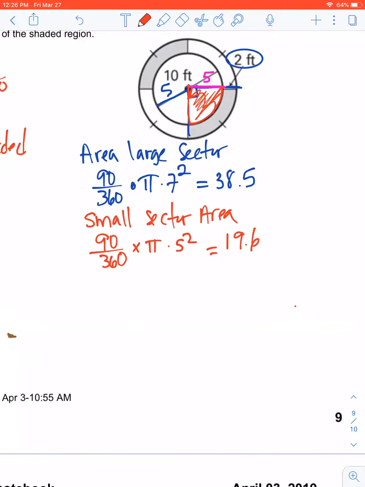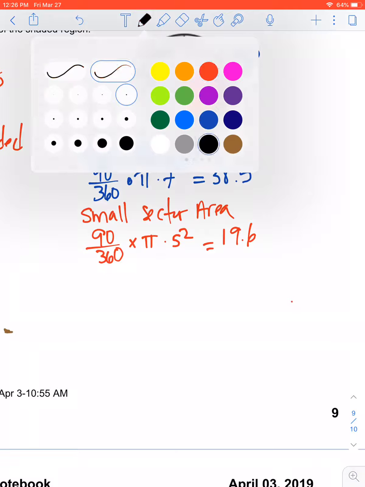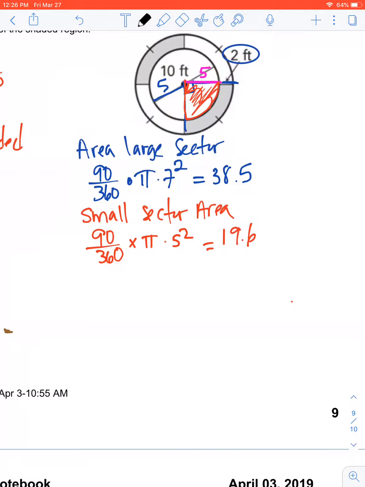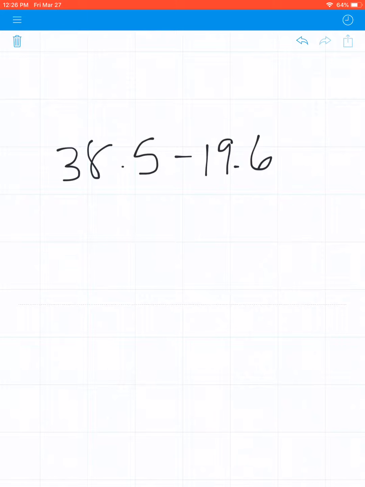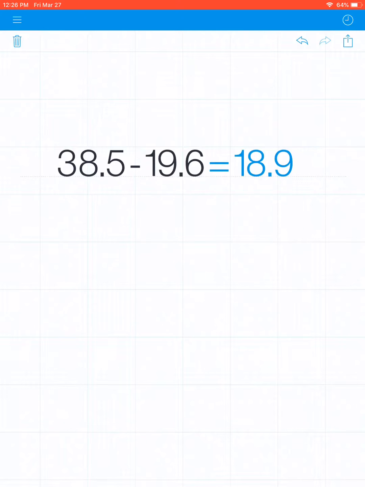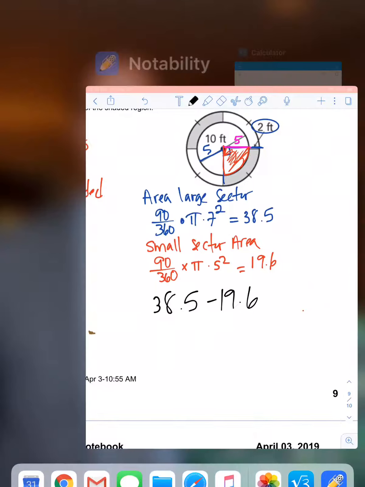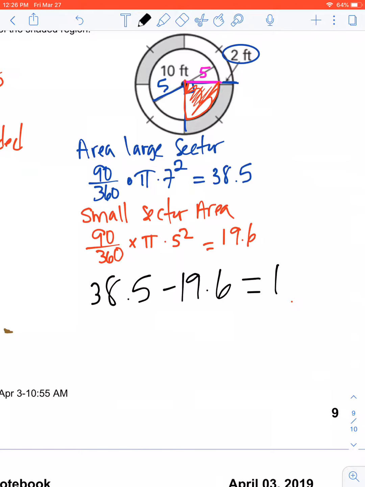So what I'm going to do next is I'm going to subtract the 2. So when I take 38.5 minus 19.6, I get 18.9. But be careful, that 18.9 that we just calculated is only this area.